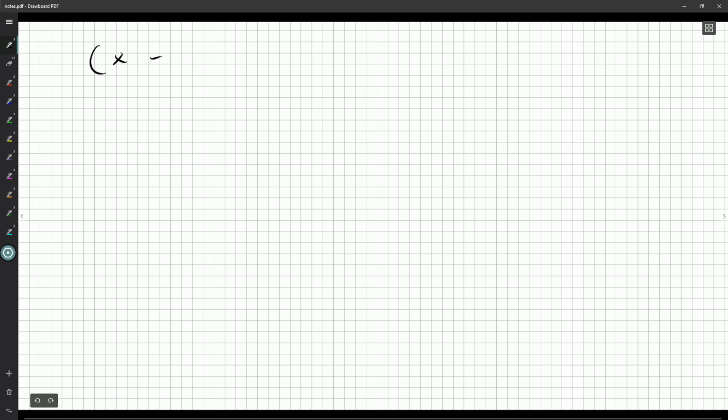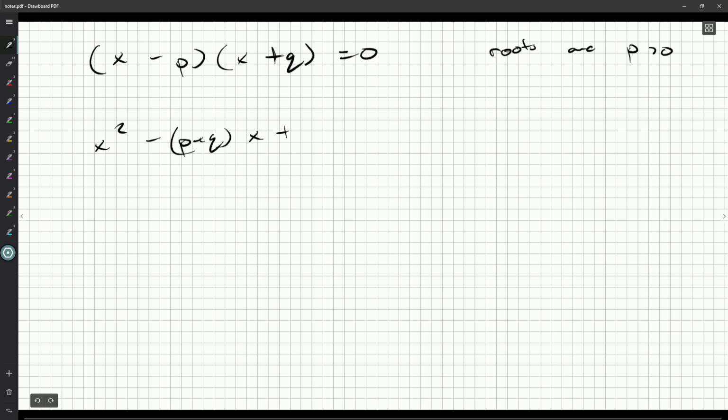So here's something we could do. We could say maybe one of the roots is p, one of the roots is q. One of them's positive. Let's let p be the positive one. We'll let q be a negative value. Well, no, so the roots are p, positive, and we'll say negative q.